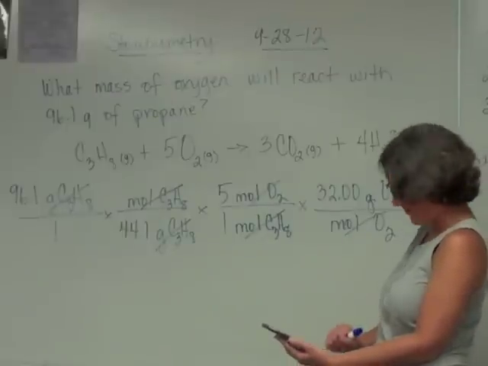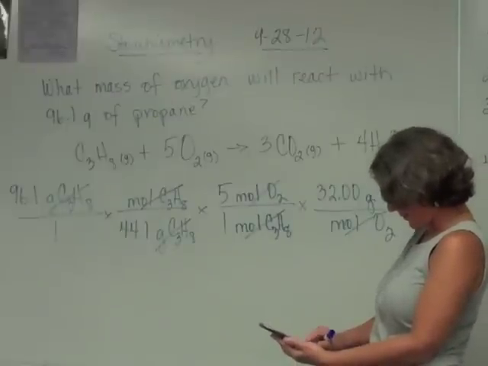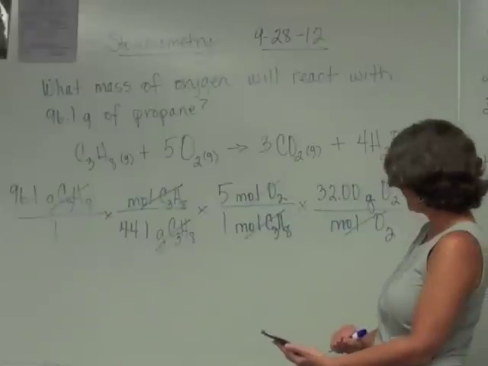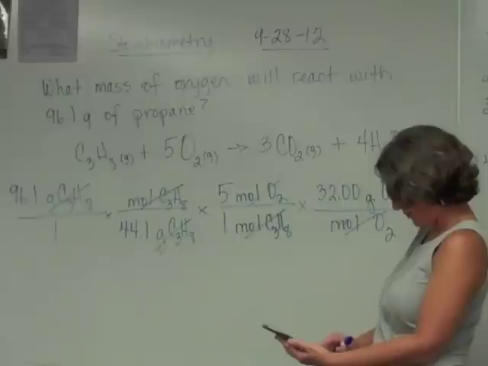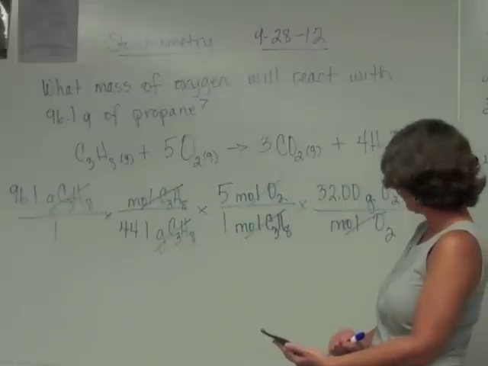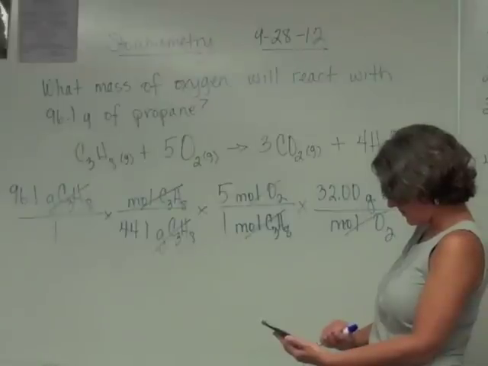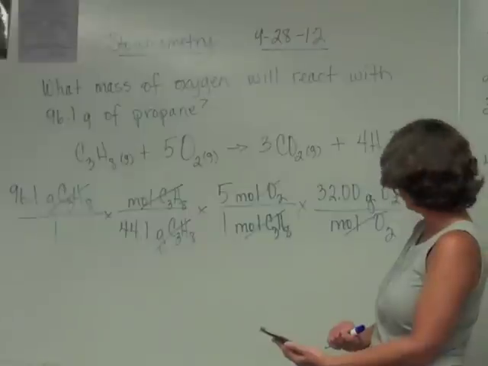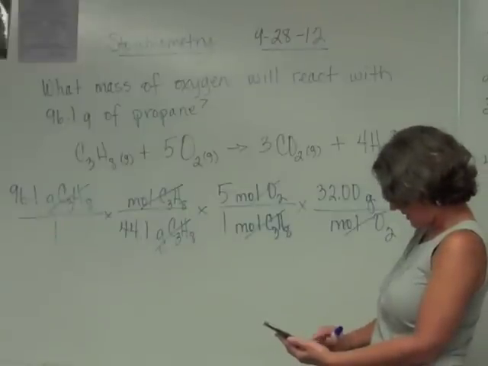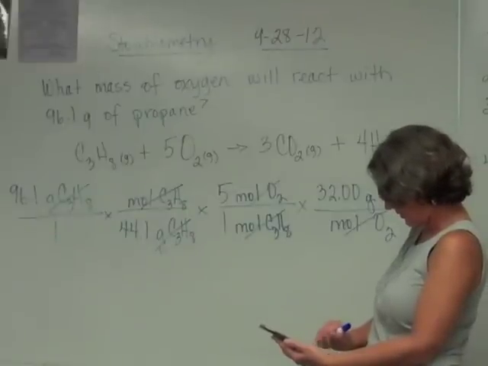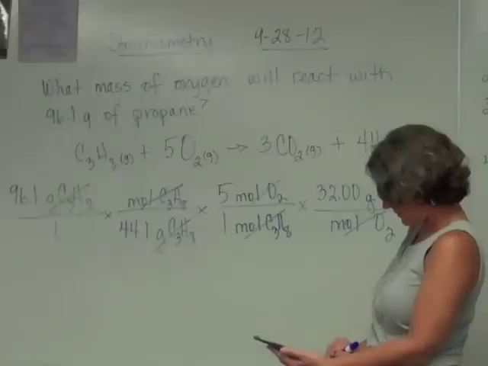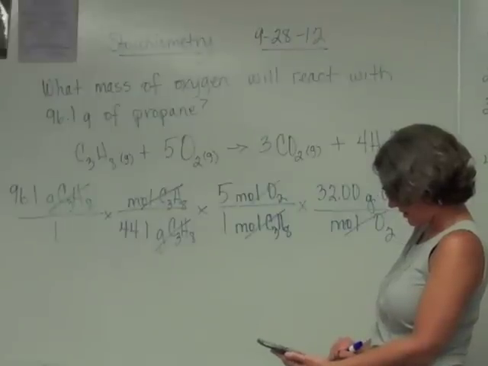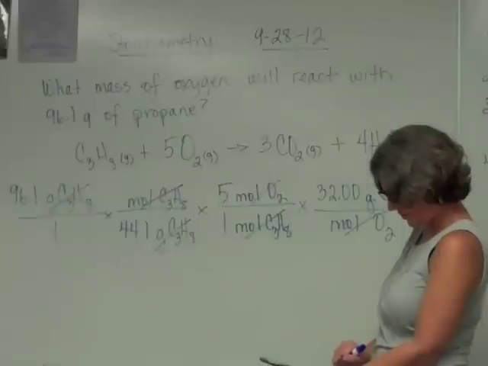I'm going to try it one more time. 96.1 divided by 44.1 times 5 times 32 equals... Oh, no, I see what it is, okay.